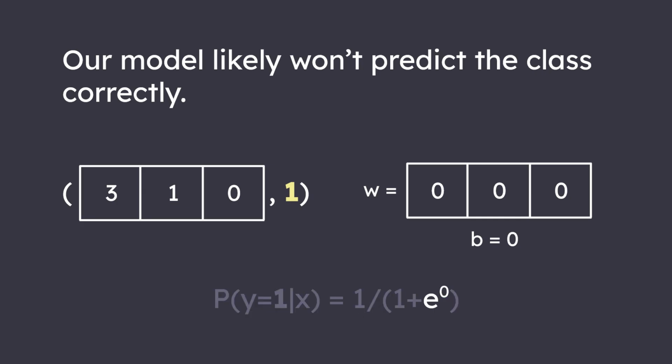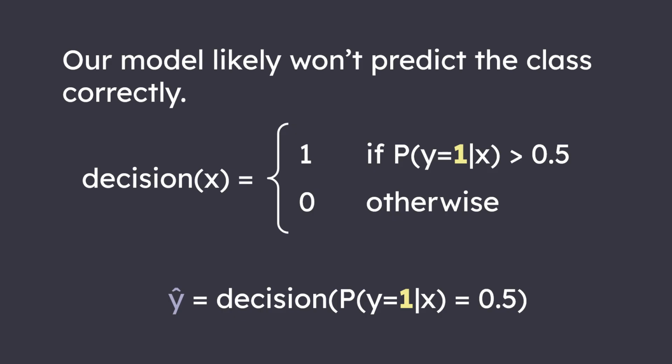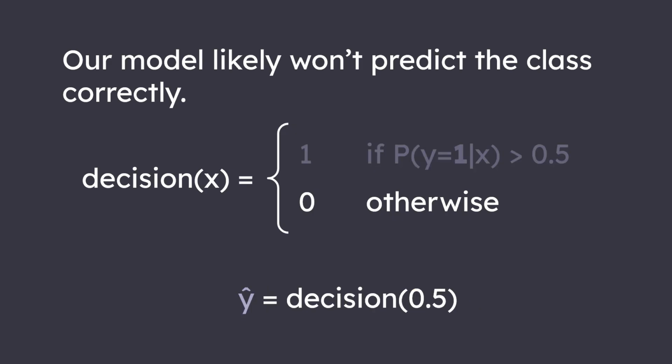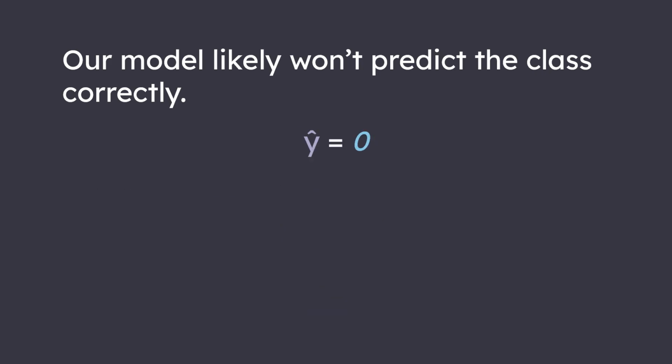E to the 0 is 1. 1 plus 1 is 2. 1 divided by 2 is 0.5, which means that our probability of y being 1 given x is 50%. Given our decision function, where we set the boundary to be 0.5, since 0.5 is not greater than 0.5, the predicted class is 0. But the true class is 1.